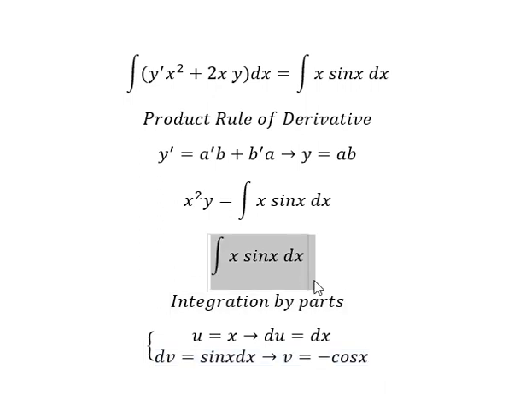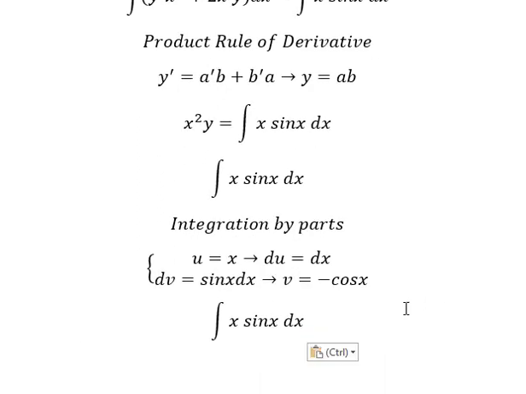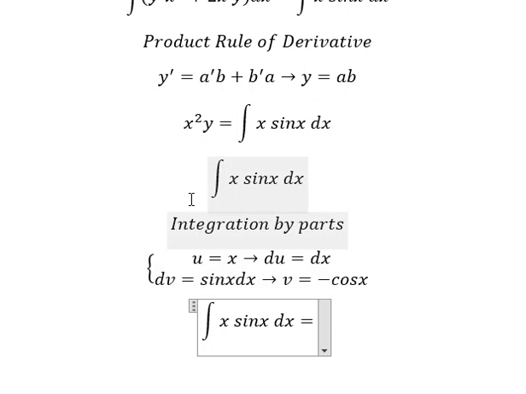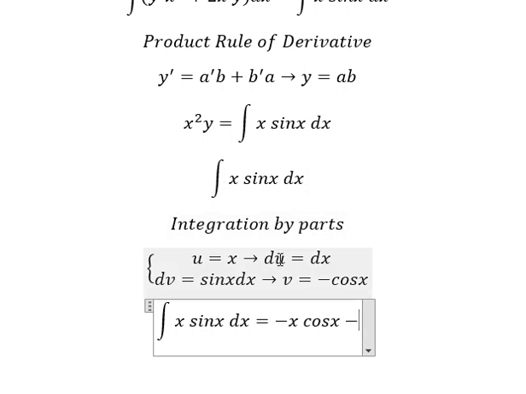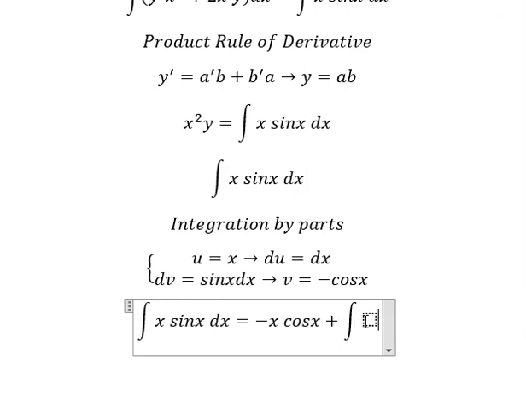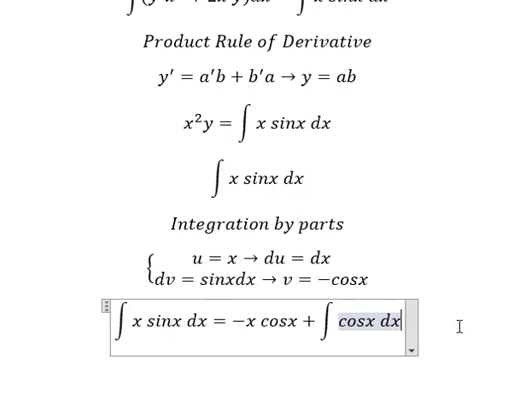So we have this one. And now we have u multiplied by v, that is negative s cosine s, minus the integral of v du. So negative and negative, we have positive. And now we have the integration of cosine s ds.